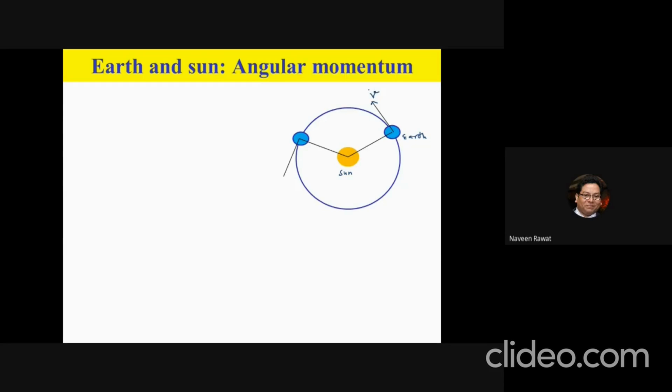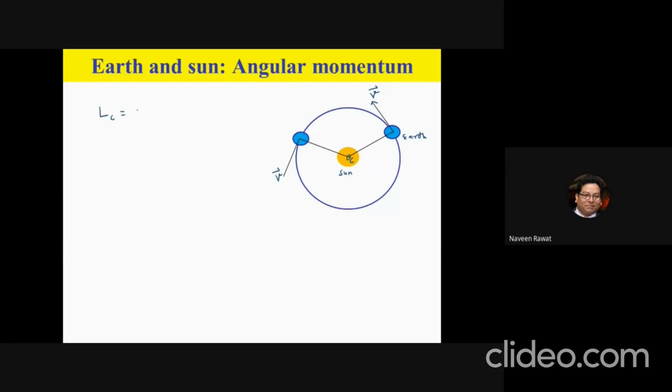Let's say the velocity is pointing in this direction at position A, and then in this direction at position B. Now if I want to find the angular momentum of this system of Earth rotating around the Sun, again I have to choose my axis. Let me choose this center point C as my axis. So I want to find L with respect to C.